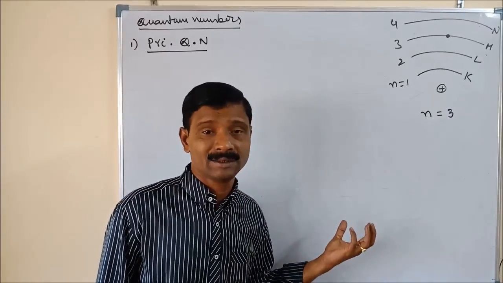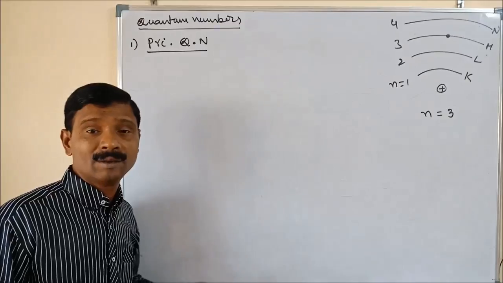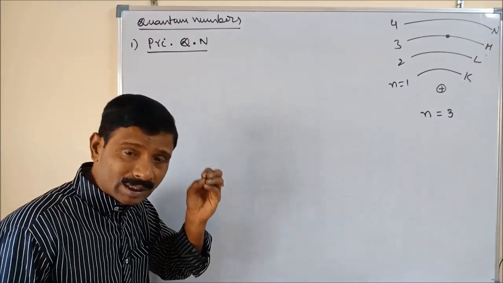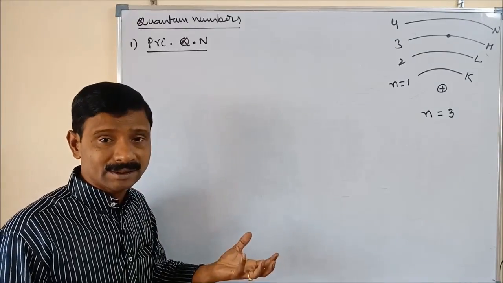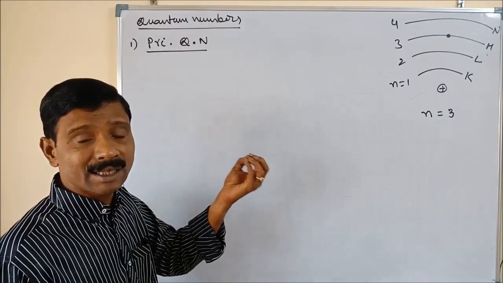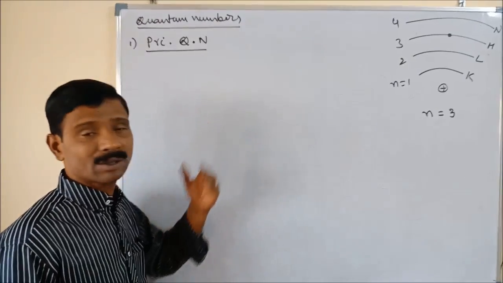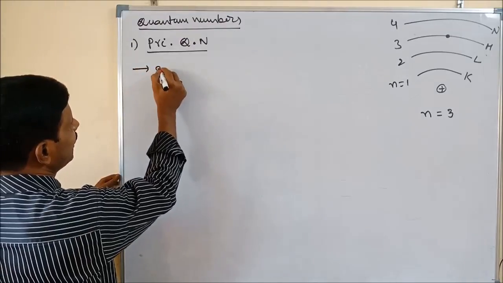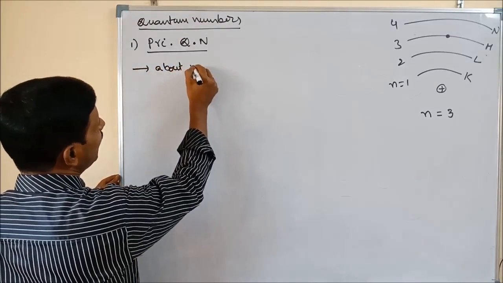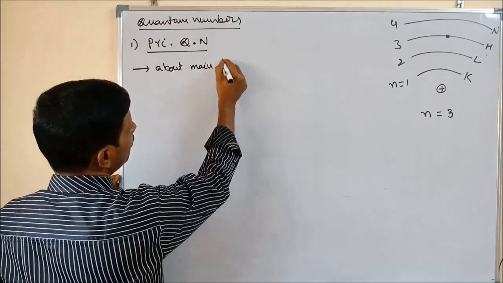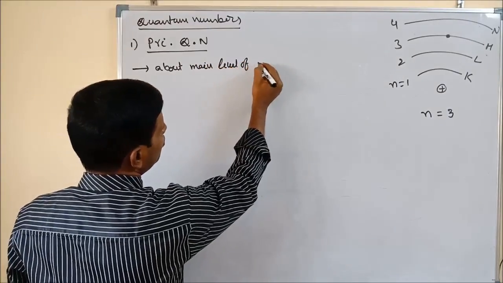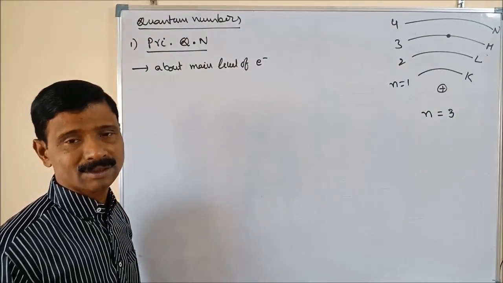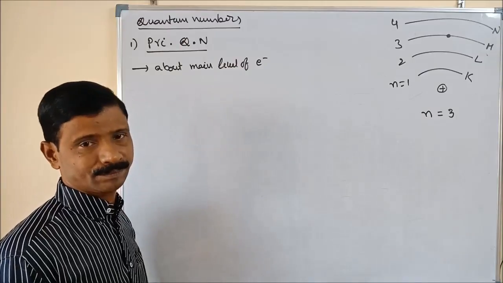Now based on this, the definition for principal quantum number: a quantum number which gives an idea about the main energy level of the electron in that atom. That is what we call the principal quantum number.